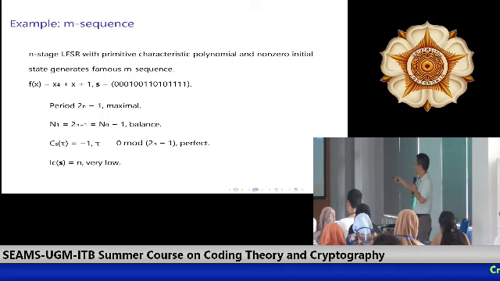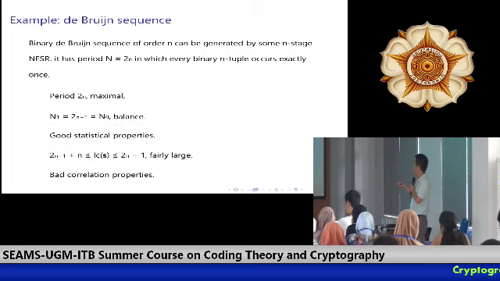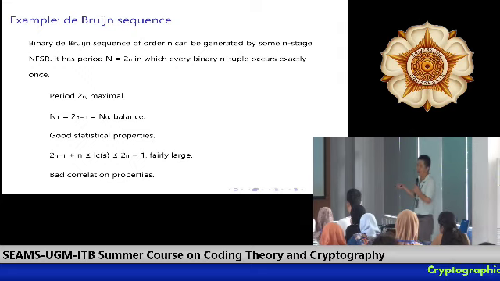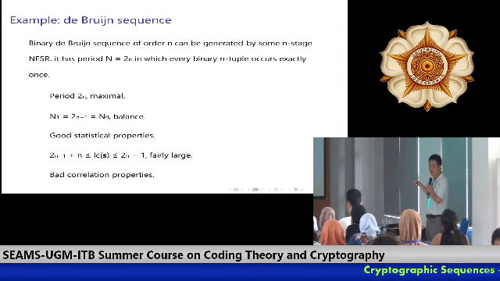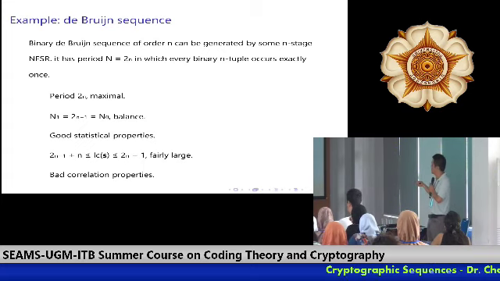Another example, next one, the de Bruijn sequences, which will be taken up later. Binary de Bruijn sequences of order n can be generated by an n-stage NFSR. Its period is 2 to the n, which is maximal. And in one period, each n-tuple appears exactly once, one time and only one time.